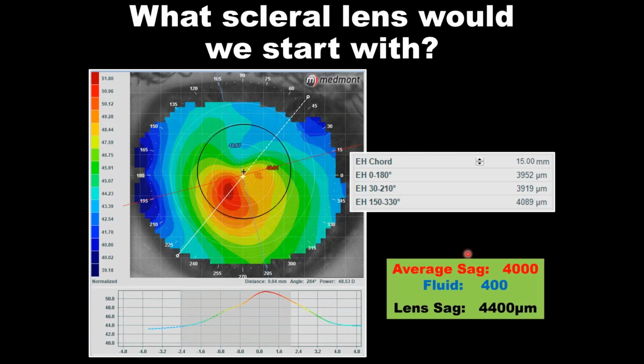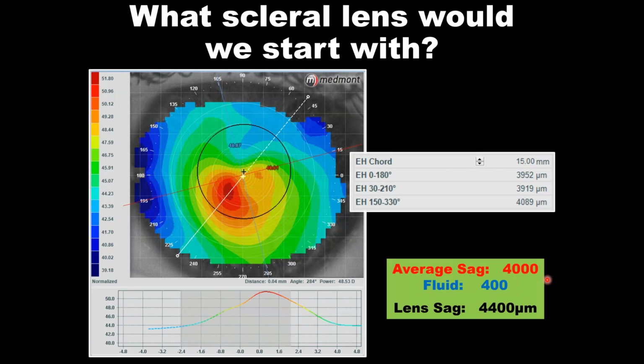So we take that average, 4,000 microns. Add in the fluid that you desire between lens and cornea, and that gives you the total sagittal depth that you need for your lens. Now, we use a lot of fluid on application.